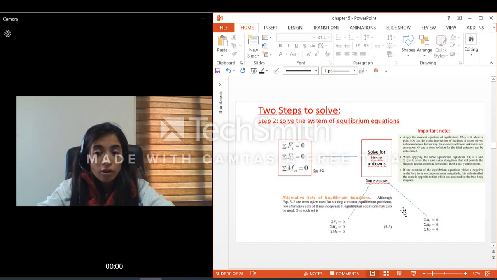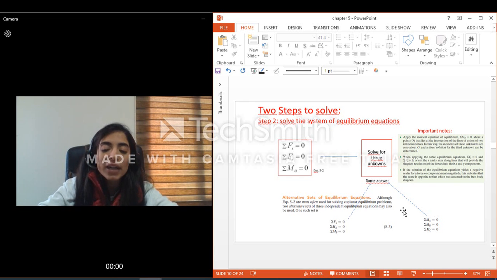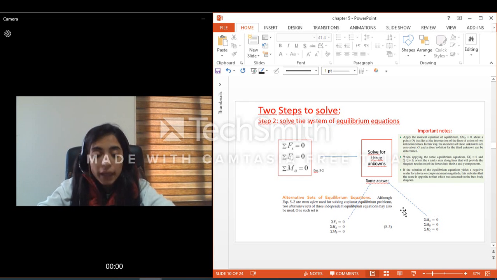However, guys, for the sum of the moments, this equation is applied on any point on the beam. You can take the first point, the last point, the middle point; any point of the beam must satisfy this equation, which states that the sum of moments around O is equal to 0.